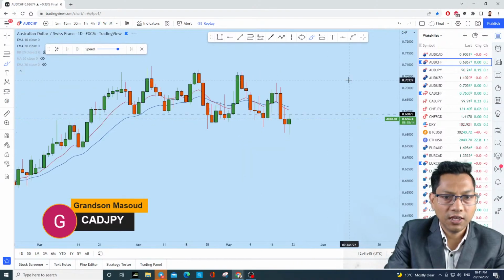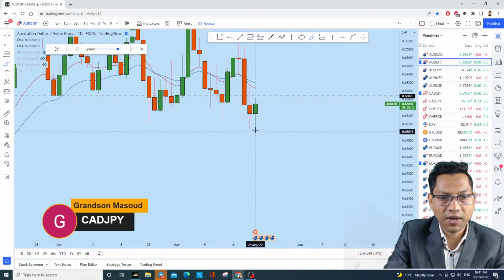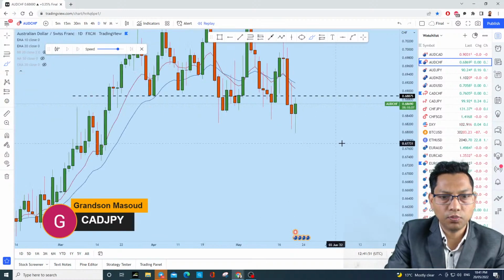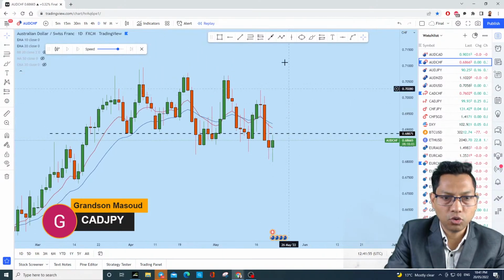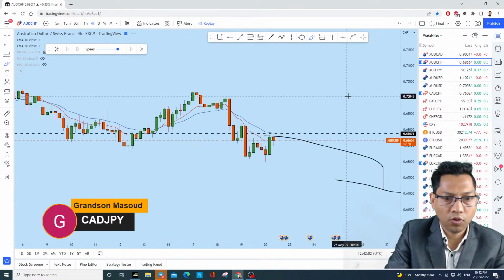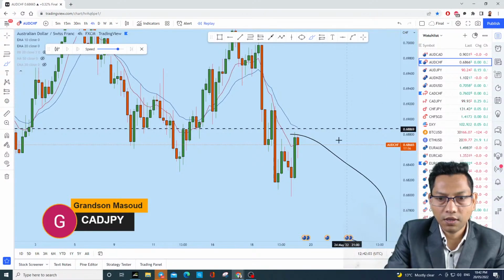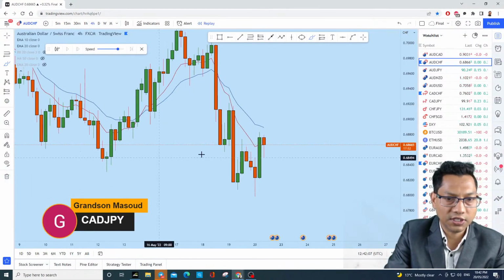Go to the daily. Nice bearish candle. You see the buyers struggling to go higher. So we might see AUD CHF going down even today. Going to the 4 hour, this could be a nice selling candle on AUD CHF.